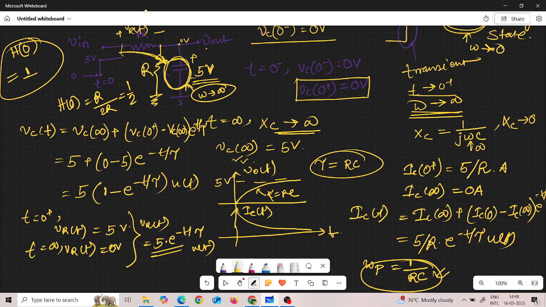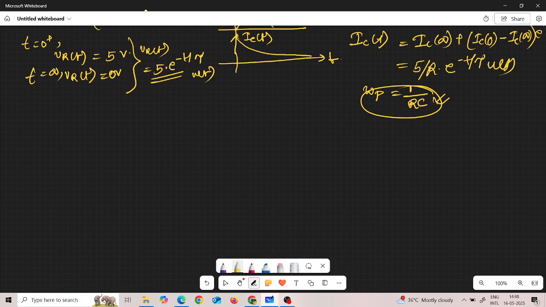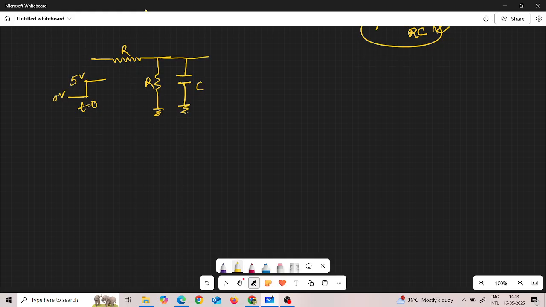Now you can analyze this circuit with a step input, 5 volt to 0 volt at t equal to 0, in a similar way to how I solved the previous circuit.